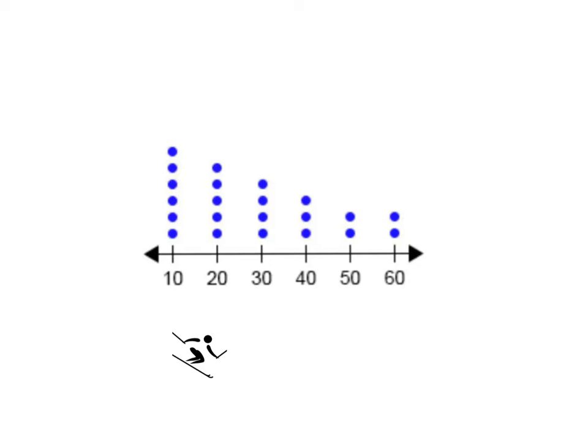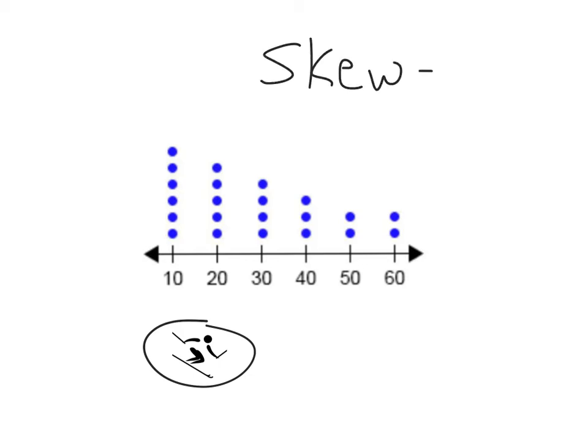All right, so let's take a look at this graph. This is a dot plot, and we can notice that there's kind of a slope to it. You can see this guy here is a skier. The reason I have him here is because skew kind of sounds like the word ski. So I want you to think of these dot plots like mountain slopes.